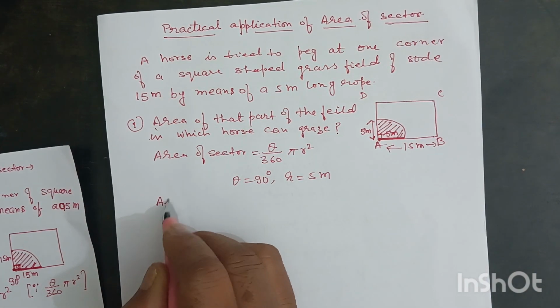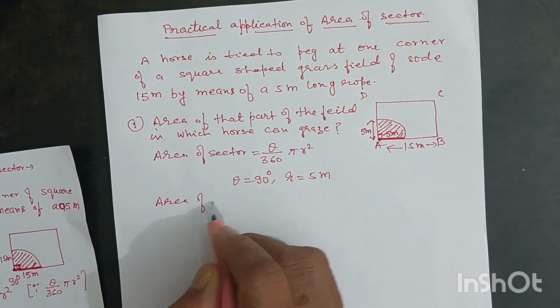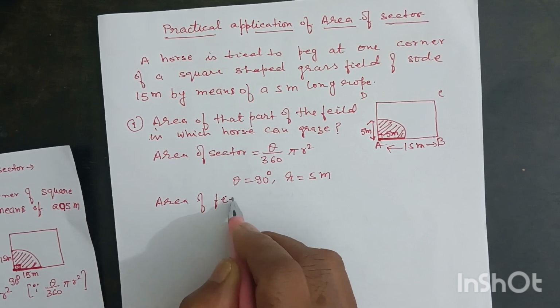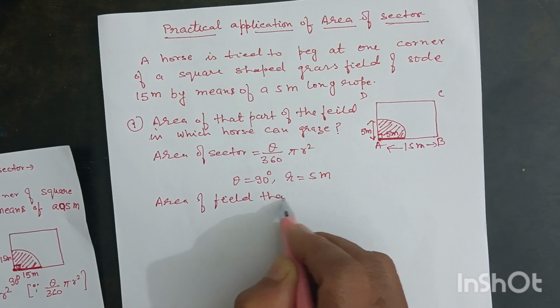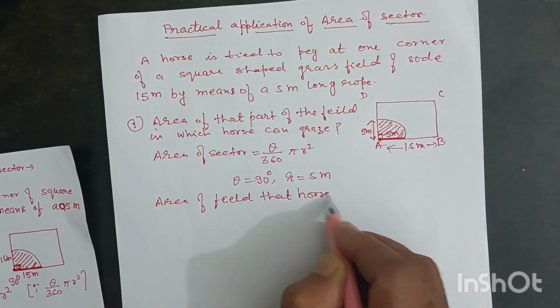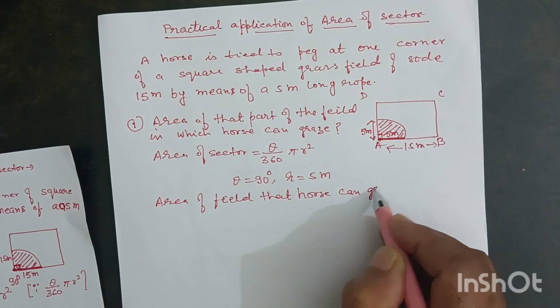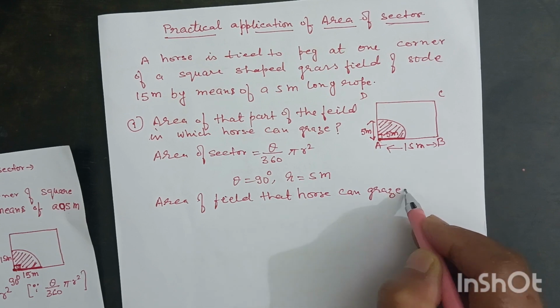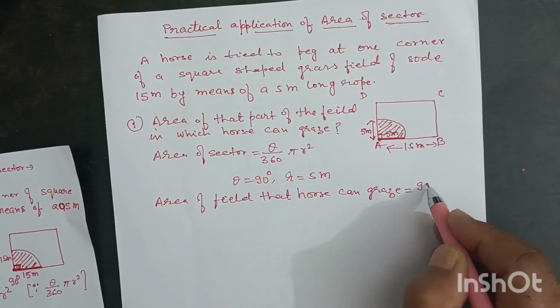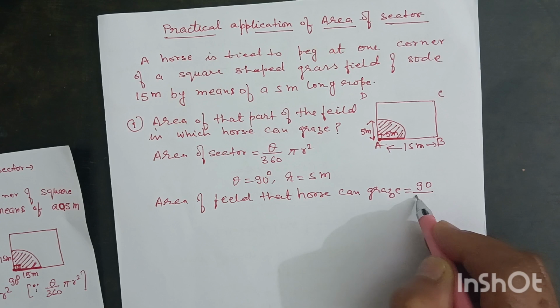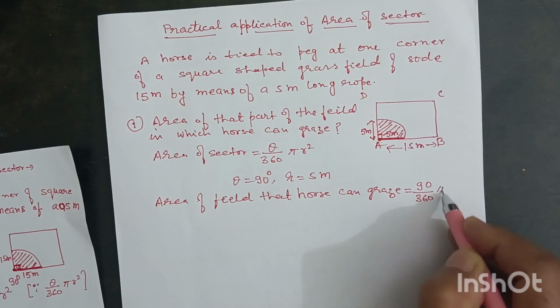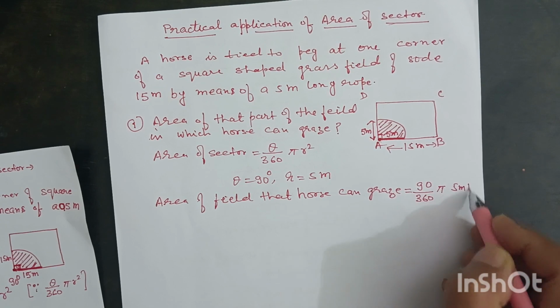So area of field that horse can graze, that is 90 upon 360 pi r square. R is here 5 meter.